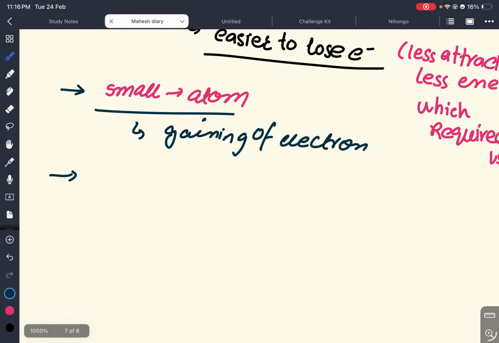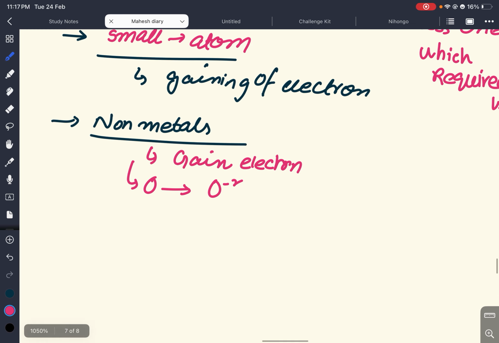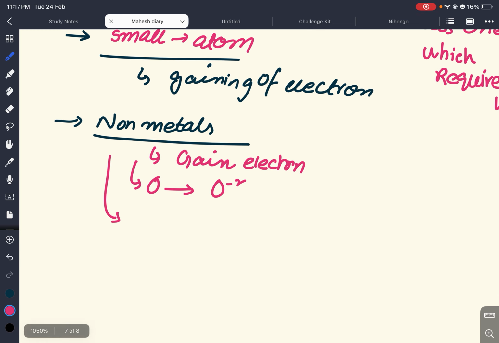So let's talk about non-metals and metals. We know that non-metals gain electrons. Let's take oxygen as an example. To stabilize itself, it will gain 2 electrons, and it will have a charge of -2. So how do we know the reactivity of non-metals?